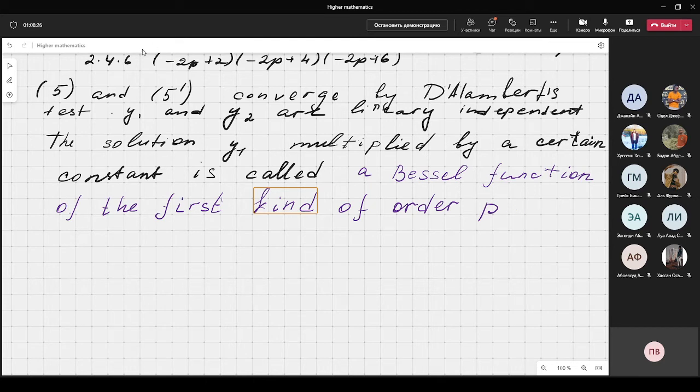And it is denoted by the symbol J_p. The solution y second is denoted by the symbol J_minus p, with lower index minus p.